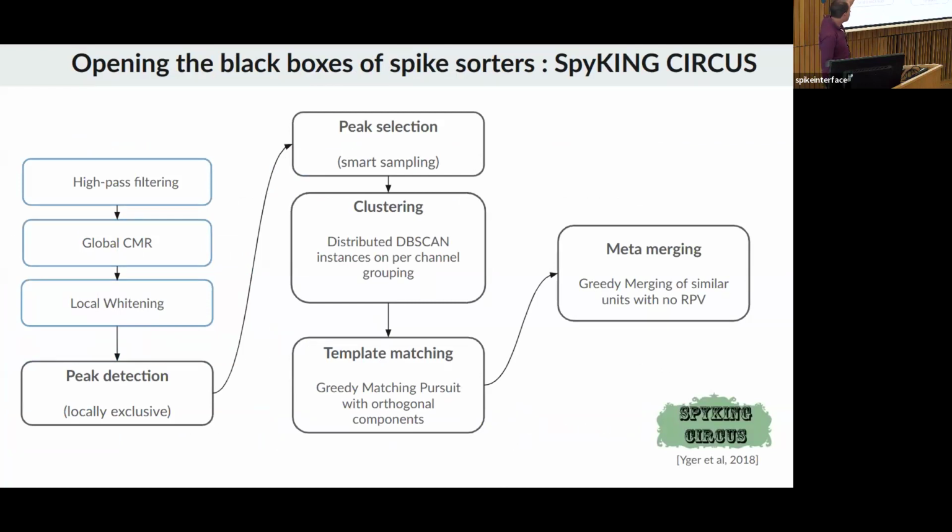You select some of those peaks, you perform a clustering, and once you have a dictionary of templates obtained after clustering, you launch what's called a template matching step. The details below the boxes are the way they are implemented, but conceptually, those are the steps of the algorithm. And at the end, we had some sort of heuristic meta merging trying to reconstruct the cells.